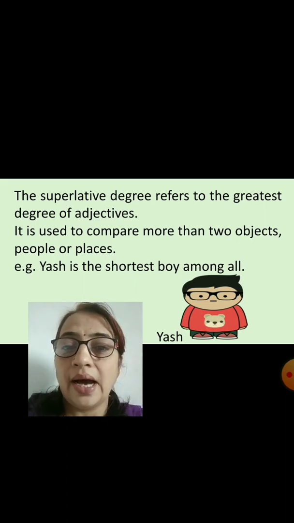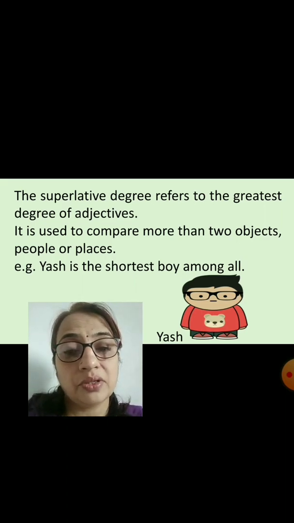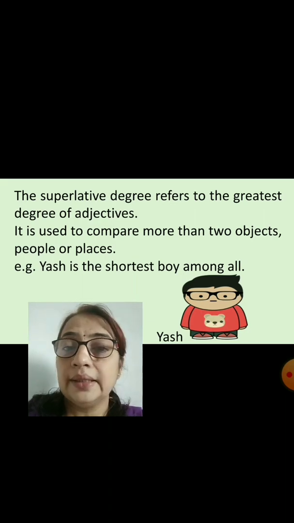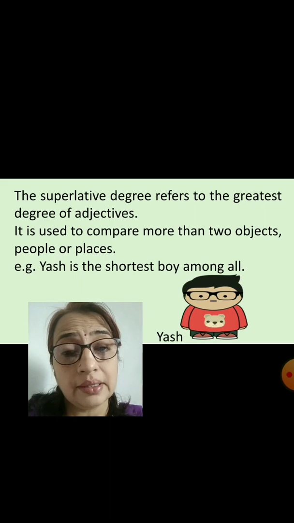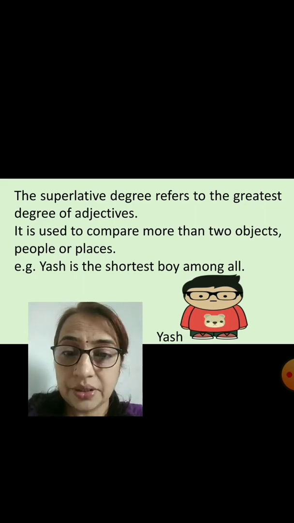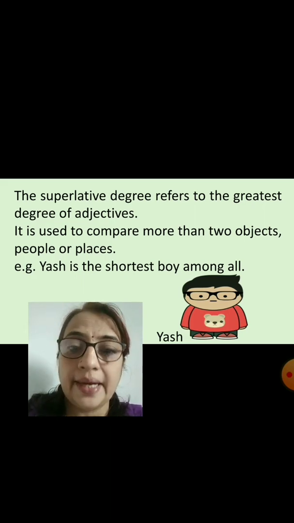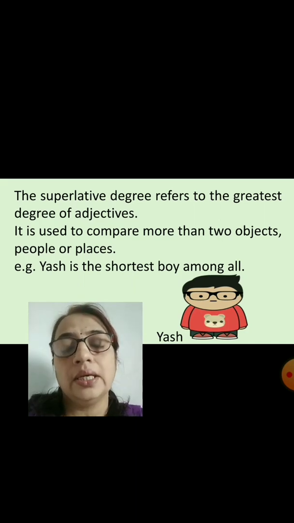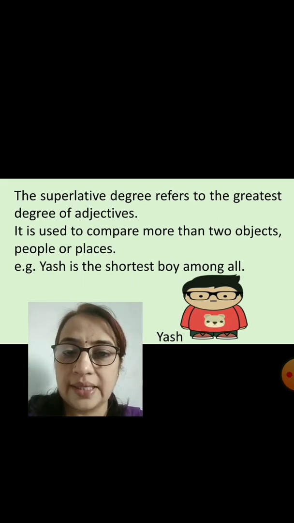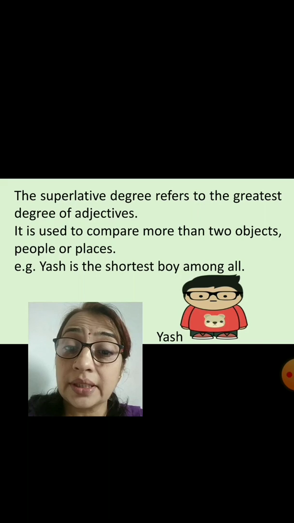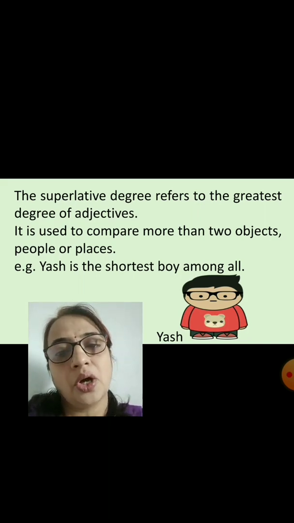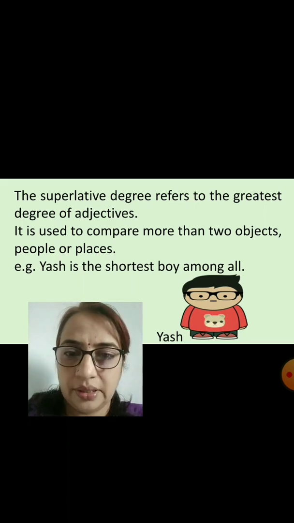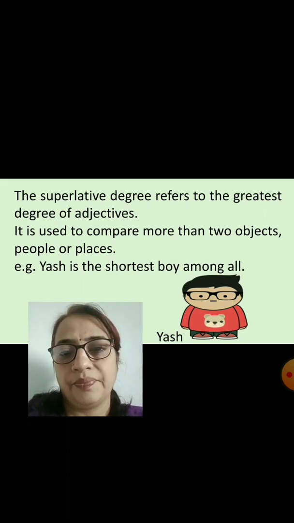And that's why after comparing, we understood that he is the shortest boy among all. So here Yash is being compared with all other boys. Shortest. No other boy is shorter than Yash.